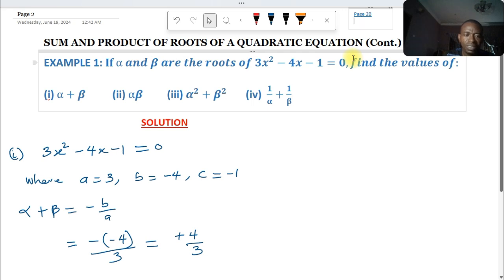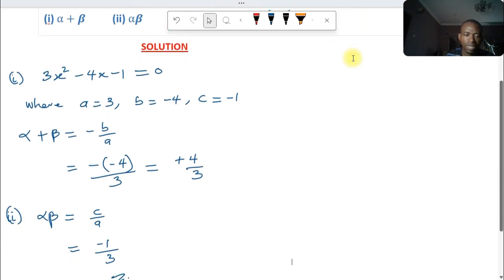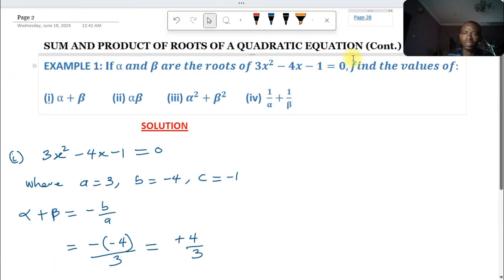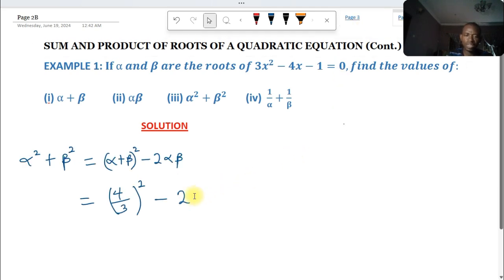I obtained, let's check it together, -1/3. So in place of alpha beta, I'll put -1/3, and we finish this up.